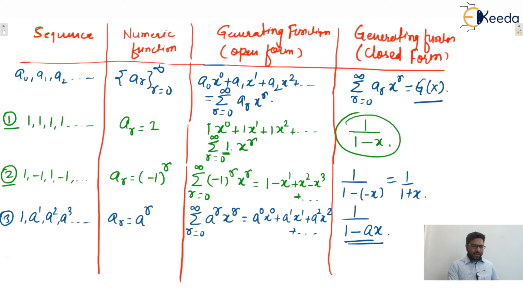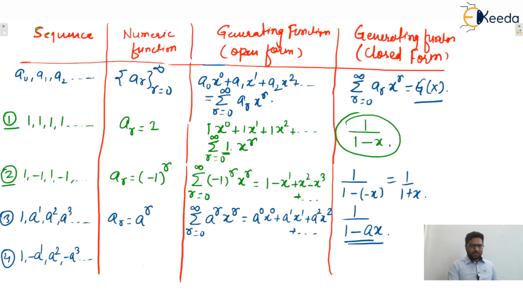Okay, write down the next one, the fourth one. Let's say the fourth one is 1, then minus a raised to power 1, then a square, then minus a cube, and so on. Here alternating plus minus signs are there.